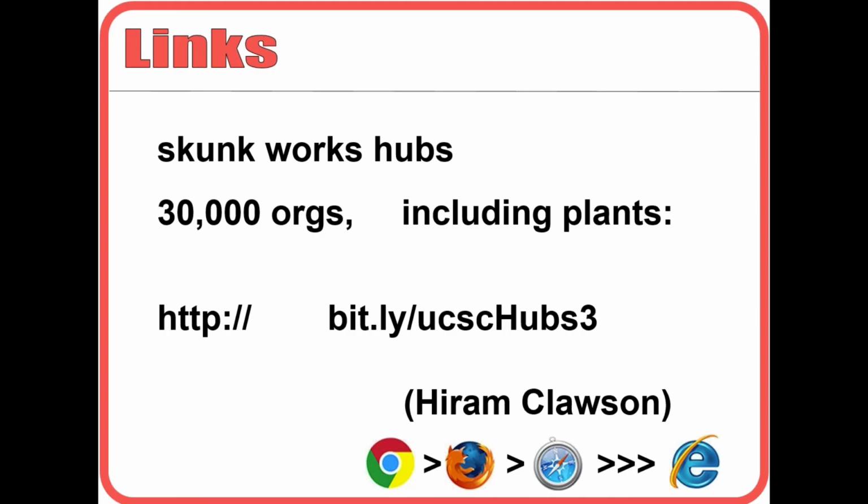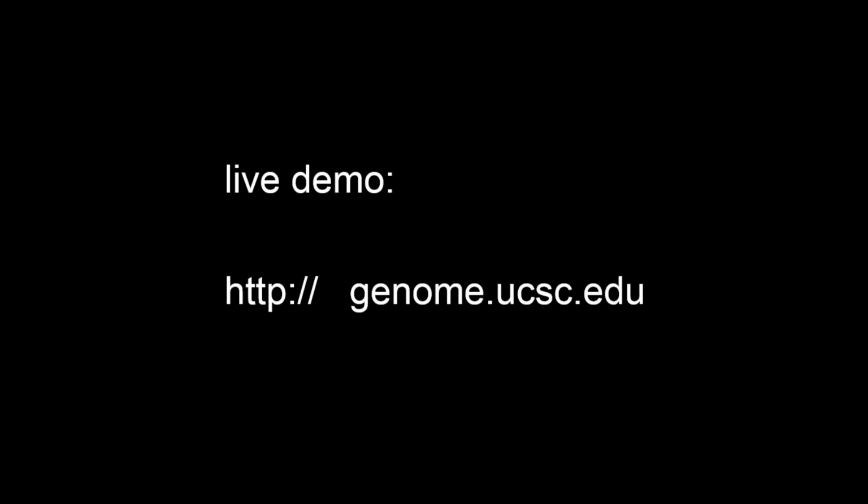And that's still in the Skunkworks project phase. We're not sure how or if we're going to be releasing it to the public site. But if you're working on an animal or a plant that's not part of the UCSC standard setup, you can get to minimal browsers of a variety of kinds from that link. I can't guarantee that it'll always work because Hiram is tweaking with it from time to time. That's why there's a 3 on the end of this bit.ly. A couple of times he's moved the hub to a new location and had to change the link.